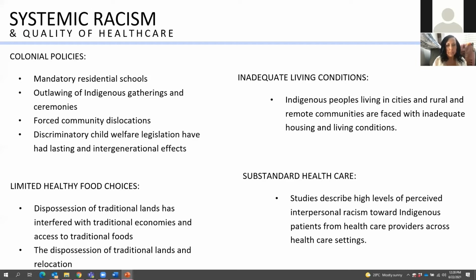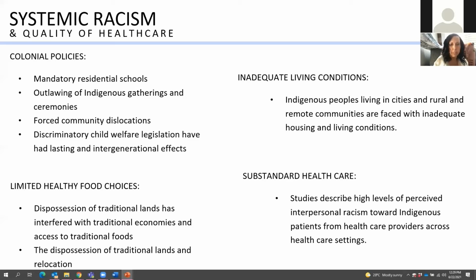There's also limited healthy food choices, and these are connected back to residential schools where food was rationed, there was experimentation, their traditional foods were very limited. Preservatives and sugar and all kinds of other foods were introduced into the communities.